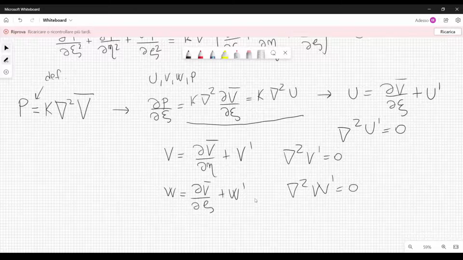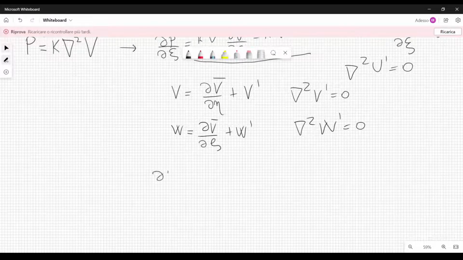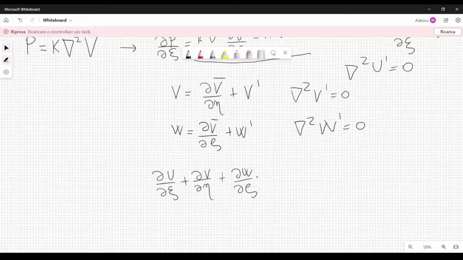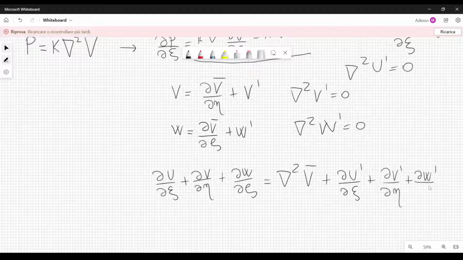Now, if we consider du/dxi plus dv/d eta plus dw/d zeta, which is the divergence of the velocity, using the equations that we found above, we have del squared V bar plus du prime/dxi plus dv prime/d eta plus dw prime/d zeta equal to 0, because this is also 0.